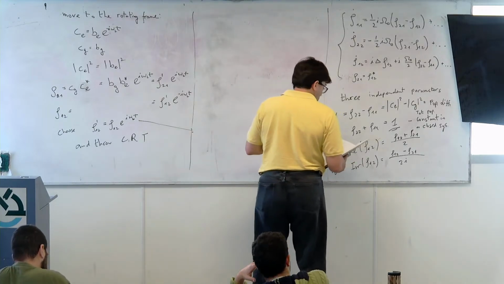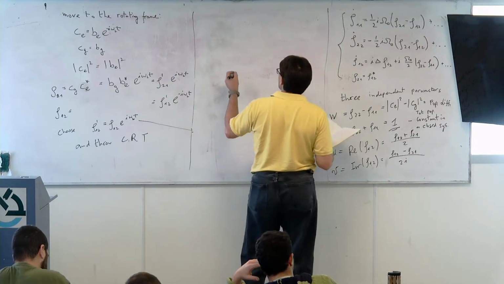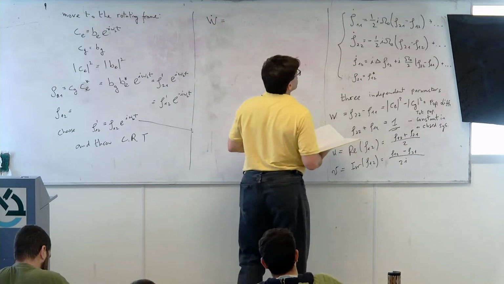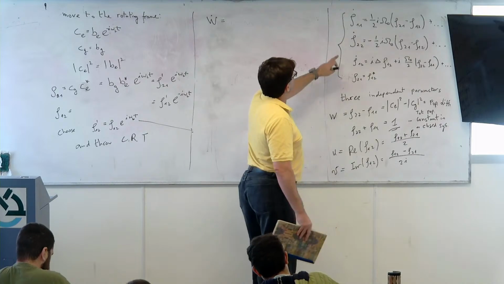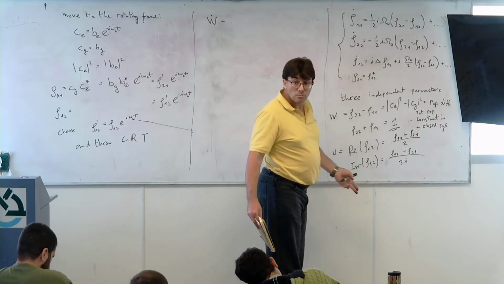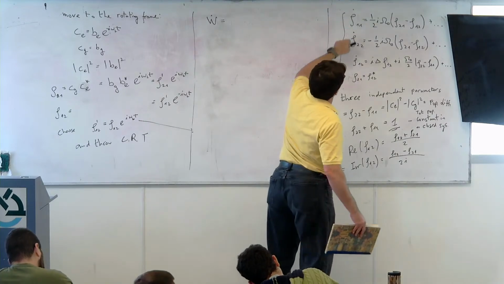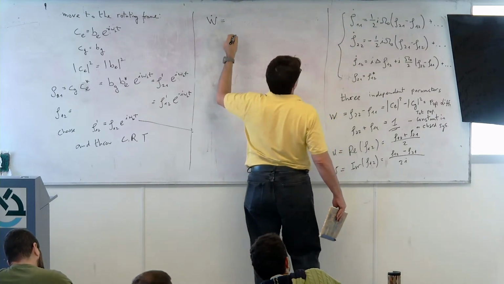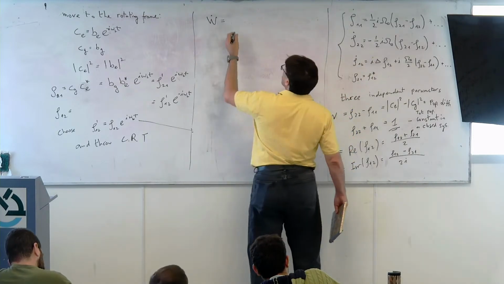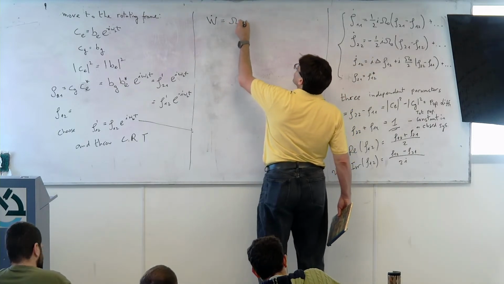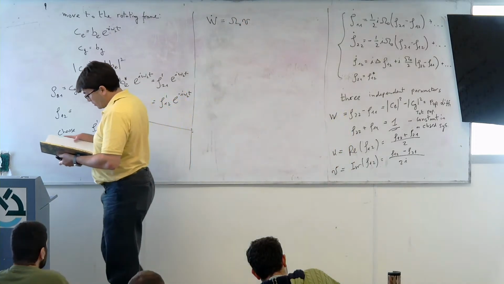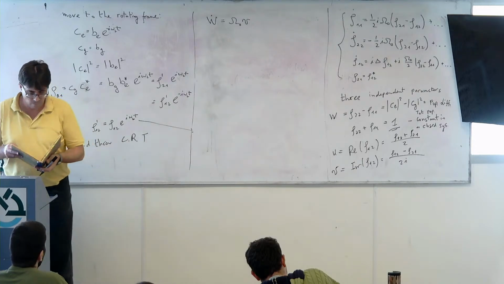Under this definition, I can write W dot. W dot is the difference between those two. So it's just simply, and this I will go with the V, omega 0 V, with a plus or a minus, depends on your choice.